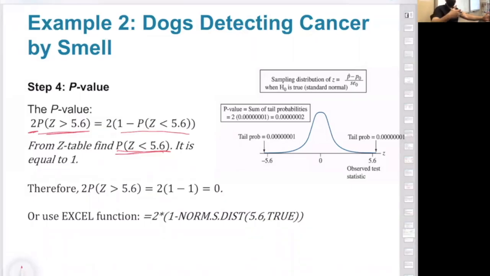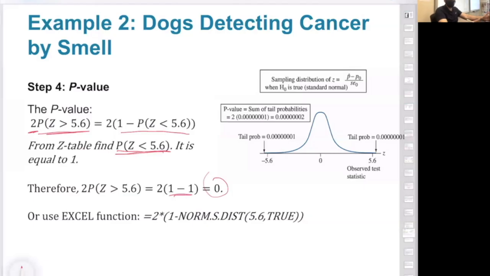But for any value of z greater than the 4 point something, the probability is 0.99999, so it's 1. Any value greater than the largest value in the table is 0.999 or 1 directly. Now you can find the p-value: 1 minus 1 is 0, times 2, so it's 0. So the p-value is equal to 0 in this case.